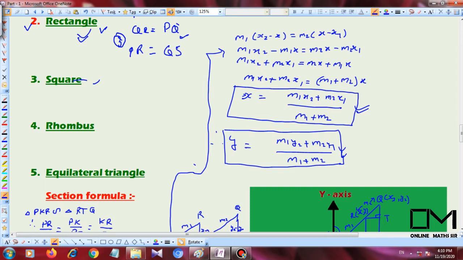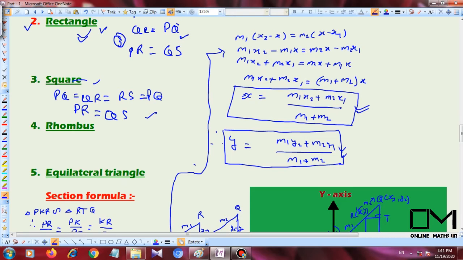If all the sides are equal, PQ equal to QR equal to RS equal to PS, and the diagonals are also equal, meaning PR equals QS, then these 4 points are the vertices of a square.